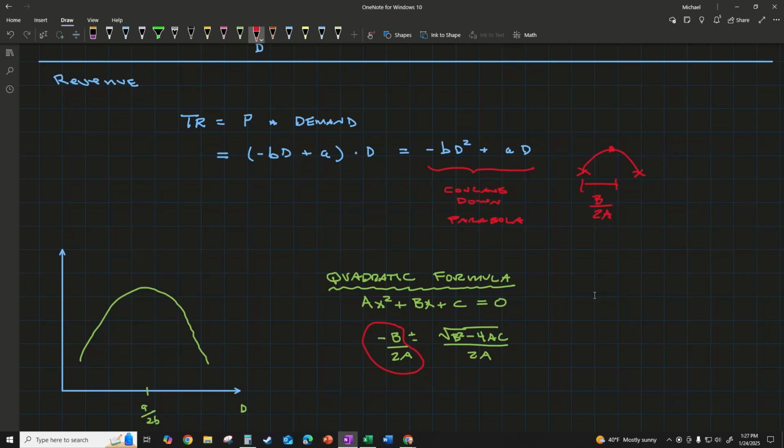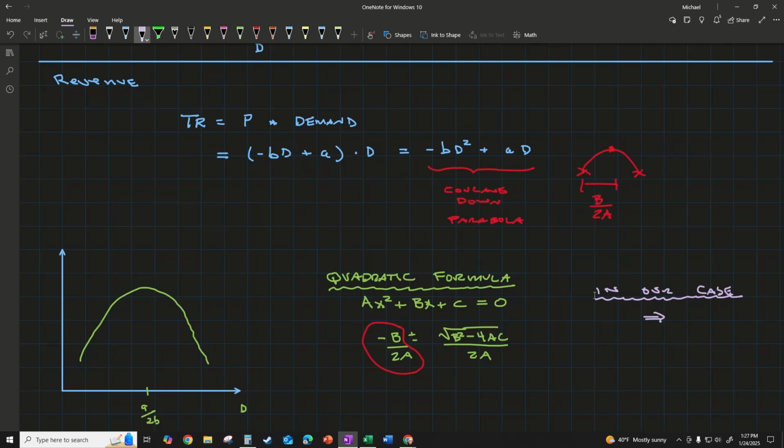Well, in our case, things are just mildly different. In our case, because business people want to make things just a little different so they can act like they are doing things themselves, they're going to use the term B, which for us was, well, let's do it this way.